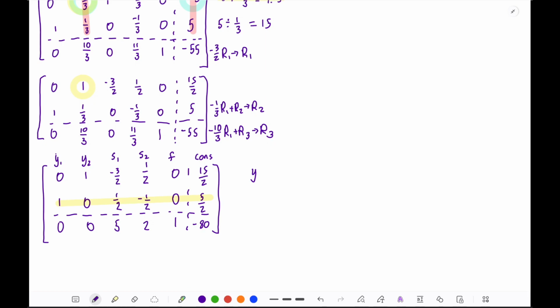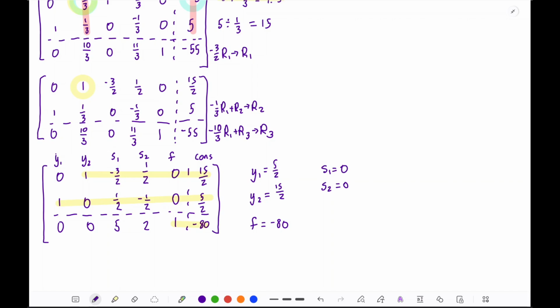Get rid of that calculator. y2 is 15/2. And F is negative 80. And then S1 equals 0 and S2 equals 0 because they have a bunch of numbers in their columns.